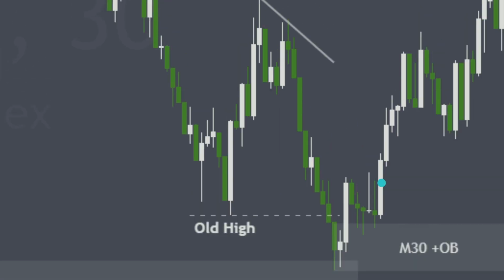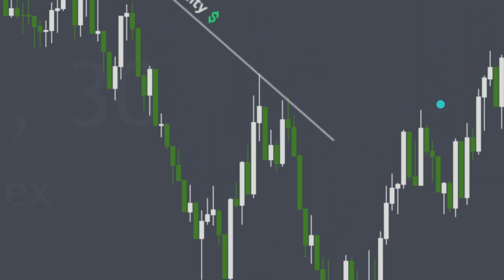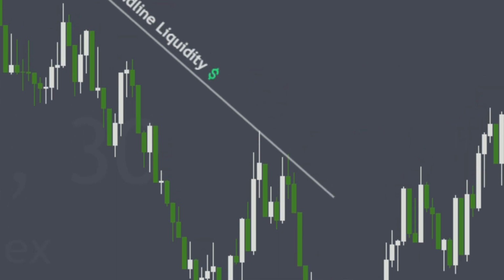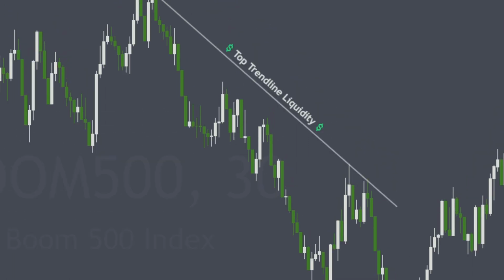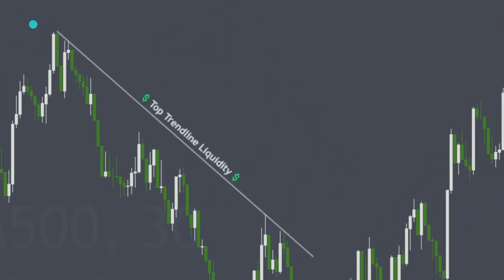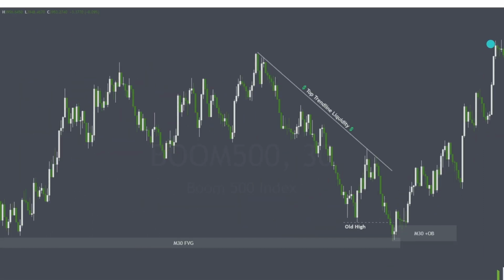Price retested this and went to the upside. And when they went to the upside, we took out old highs along the way, right? So we did take out old highs, and we continuously took out this trend line liquidity, and it dropped to the downside after that, but we don't care about this other movement.